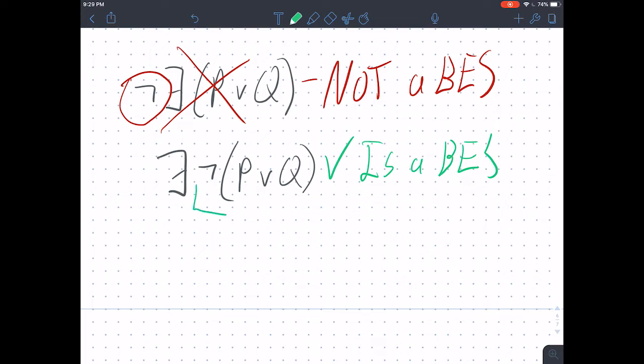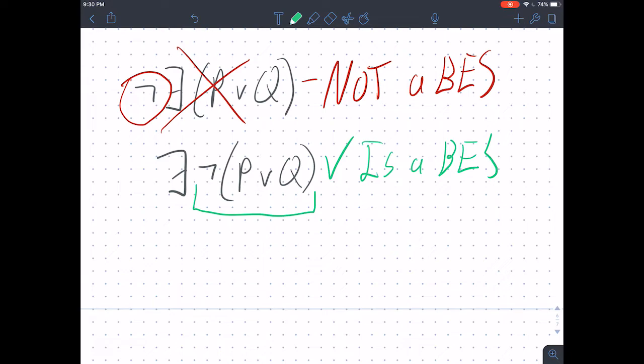And so we've definitely been looking at things like the negation of this alternation. And so this is fine. Just remember, if there's a negation sign in front of the backwards E, it is not a Boolean existence schema. I cannot say that enough. I almost just want to sit here and repeat that for 10 minutes, but I'm not going to, out of respect for you. But please remember that fact.